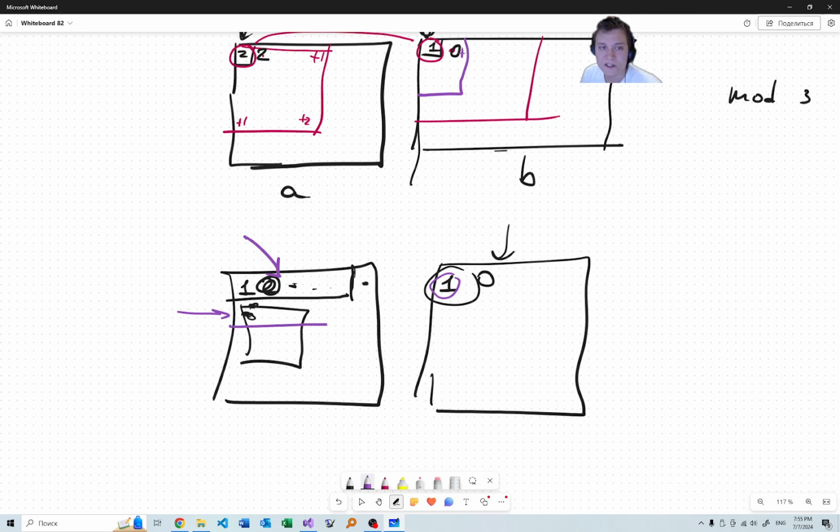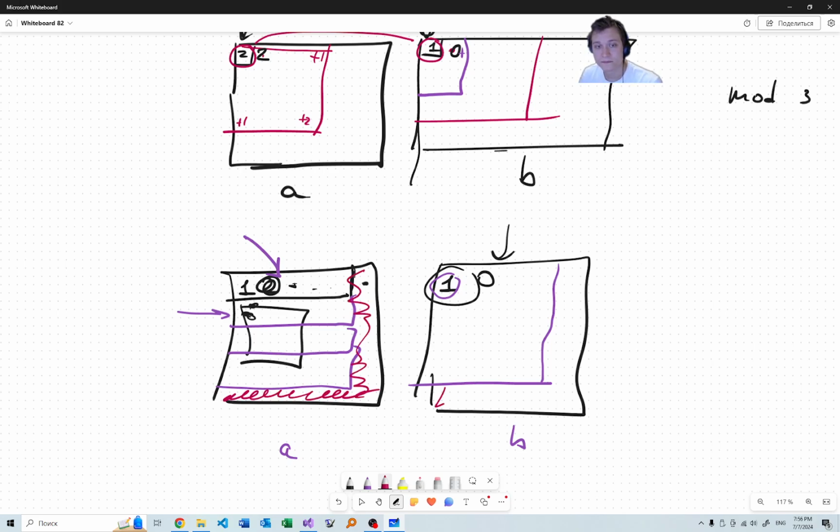And again, we can fix this row, then we can fix this row, etc. So actually, we can make this part of the matrix equal in A and B. So everything except this angular thing is fine. Now the question is, can we fix this red thing? And the answer is actually the following. If it is already fixed, then we won. Otherwise, it is impossible to fix. Let me explain why that is.